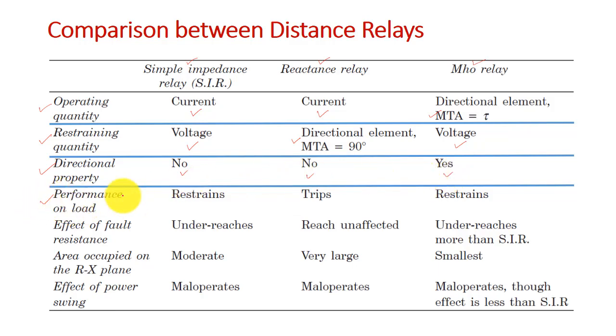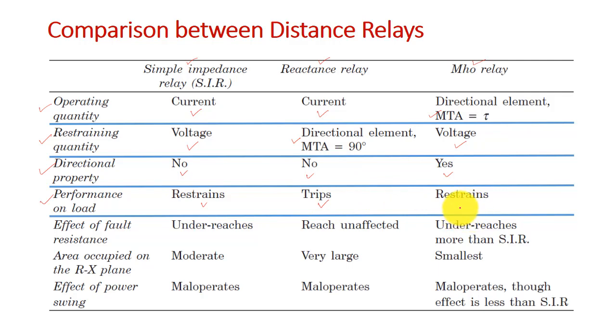Let us see the performance under load. If we compare the performance under load for the different types of distance relays: the simple impedance relay restrains well, and the reactance relay trips, because the operating point lies in the trip region, as it covers a very huge area in the Rx plane.